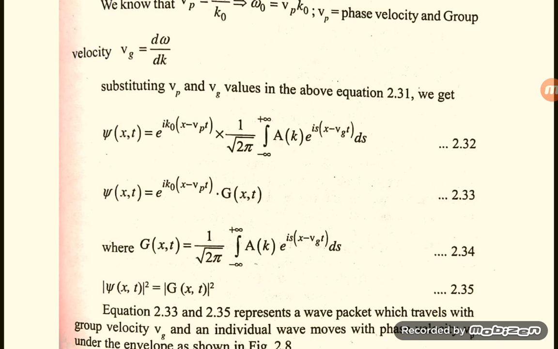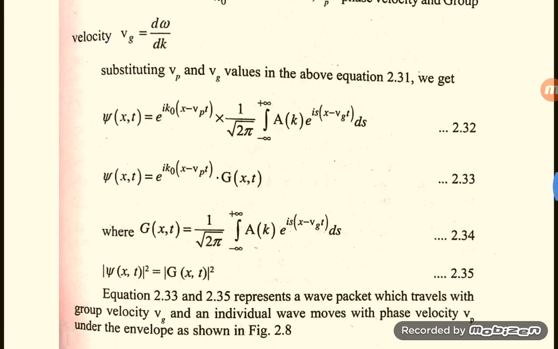Where g of x,t equals 1 by root 2 pi integral from minus infinity to plus infinity A(k) e power i s (x minus Vg t) ds.